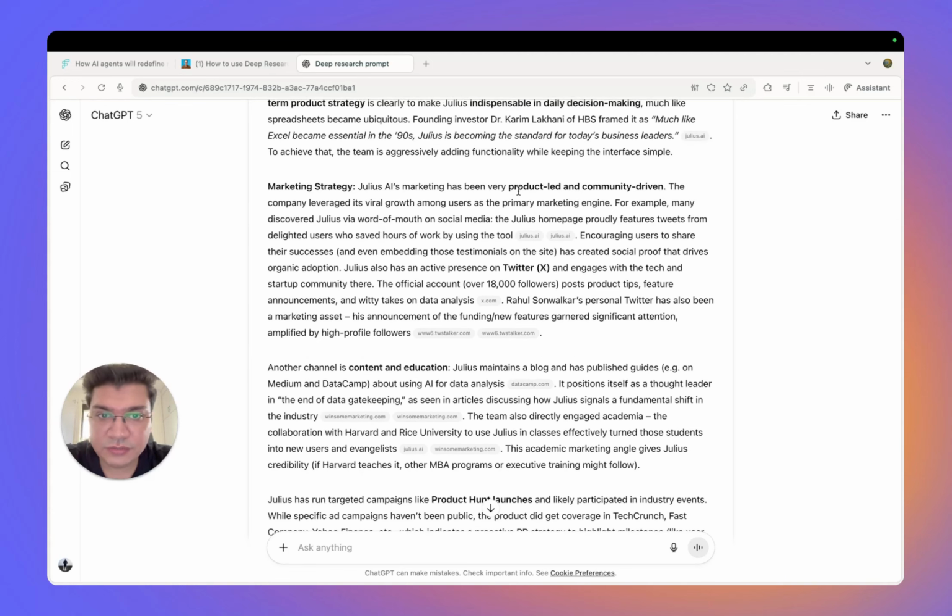And you can see, for example in marketing, something I wanted to point out: the marketing strategy told us that they have 18,000 followers on Twitter. But it did not tell me how they are running paid ads on Facebook, or how they are targeting intent-based keyword ads on Google.